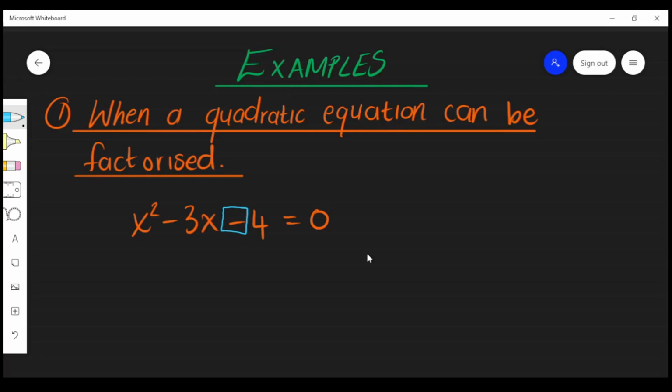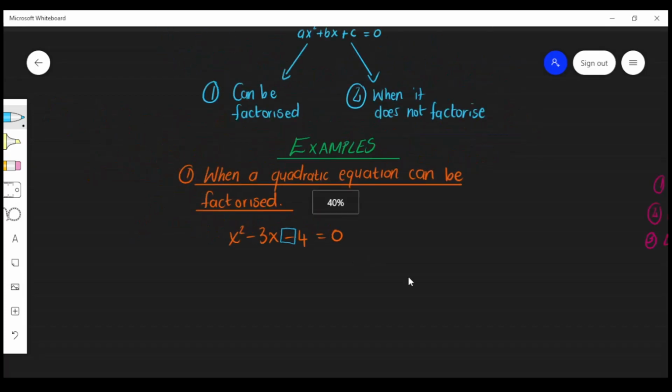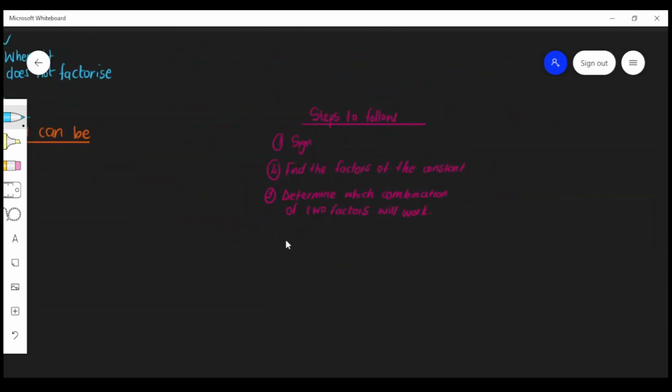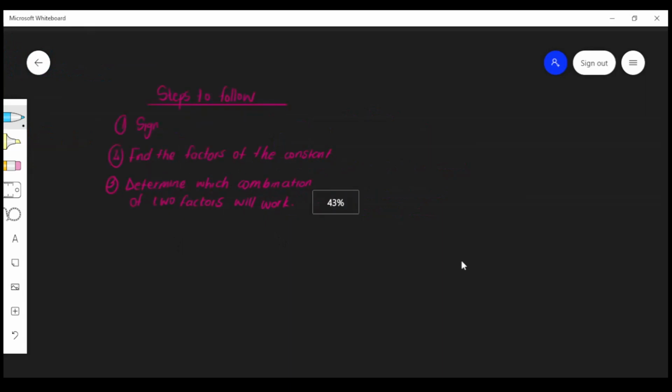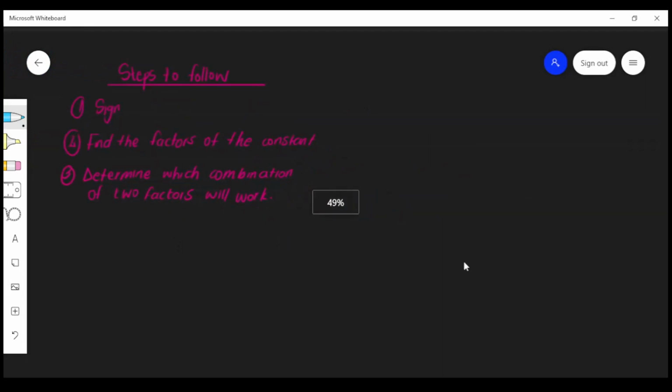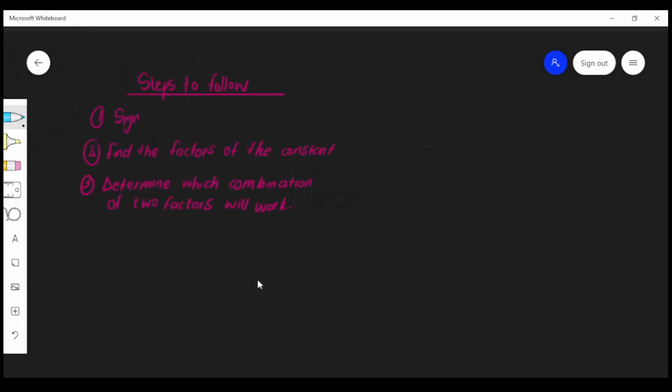The second thing that we're going to do is find the factors of the constant term. And the last thing, we're going to determine which combination of the two factors will work in helping us to factorize our quadratic equation.